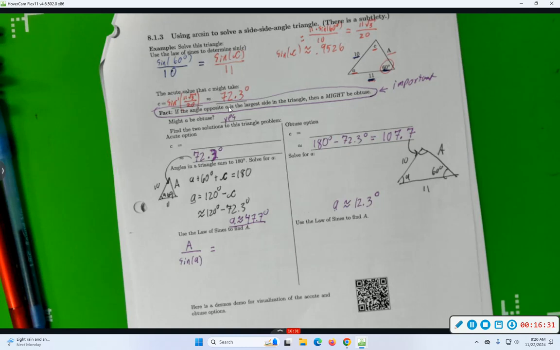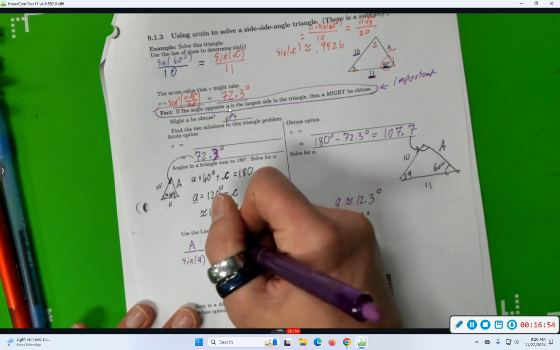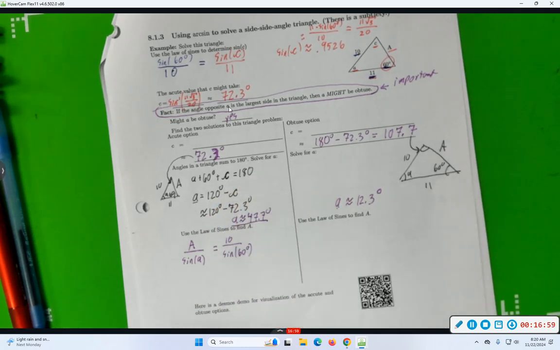I could also use 11 and the angle little c, right? Here's why I wouldn't want to. I only know the angle little c up to some rounding. So I shouldn't trust that as much as the 60-degree angle. So I'll use the one that I know with more precision, and that's 10 over sine 60 degrees. And there's going to be lots of decimal approximation anyway, because right now I only know this up to an approximation.